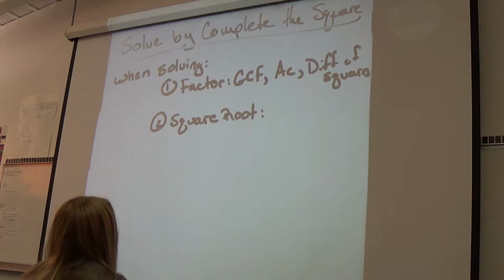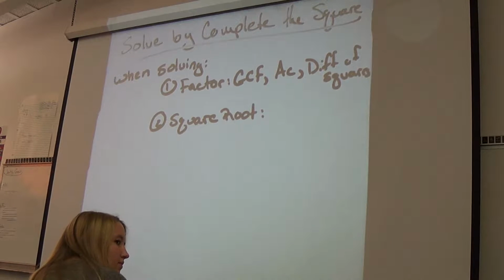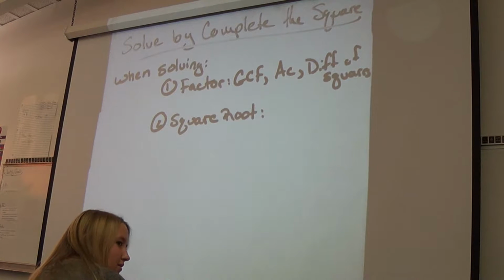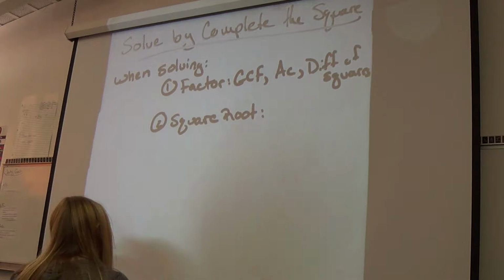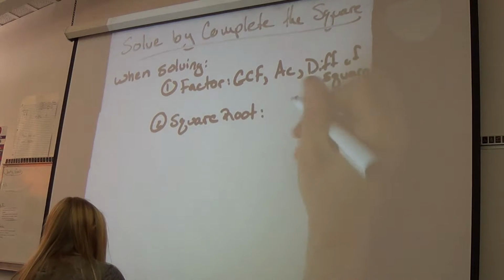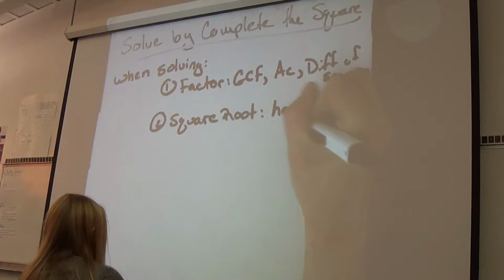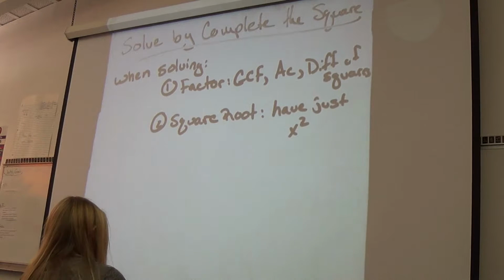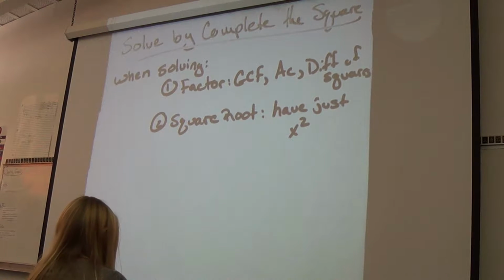There's no bx in the middle, right? In other words, all you have is just an x squared. You don't have that other x. If you do, you can't do square root method.